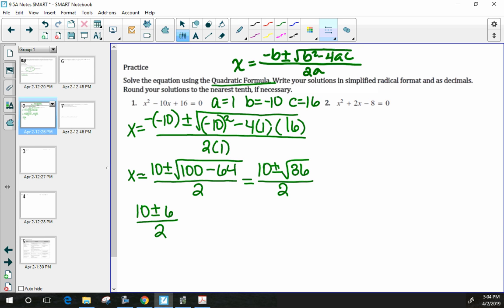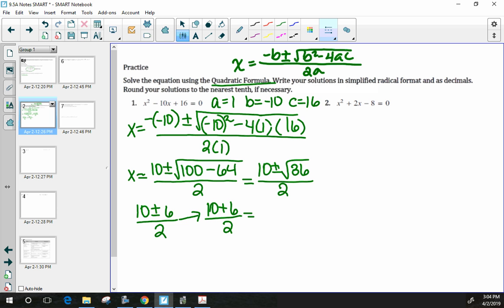So basically what we've done this whole time is we've had that plus minus in there, and we've been working two problems together at the same time for as long as possible. But here, I can't really solve this any further without branching out and separating out my two answers. One of my answers is going to be when I do 10 plus the 6, and then I divide that by 2.